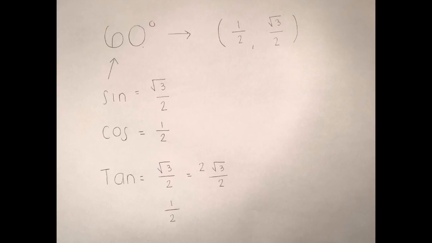But we can leave it like that or we can simplify it. 2 over 2 will be 1, leaving only the square root of 3, and 6 over 2 will be 3. So the result of the cotangent of 60 degrees will be the square root of 3 over 3.